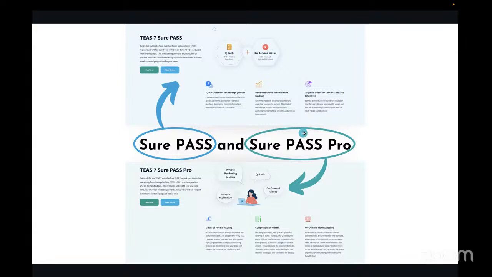But there's another package that's going to help save you money in the long run, guys. And this is our Sure Pass Pro option. This is going to include that essential question bank, that essential on-demand video, but you're also going to get 1 hour of tutoring included with that package. And again, I said this is going to save you money, but like how? So let's say you decide to do Sure Pass now.